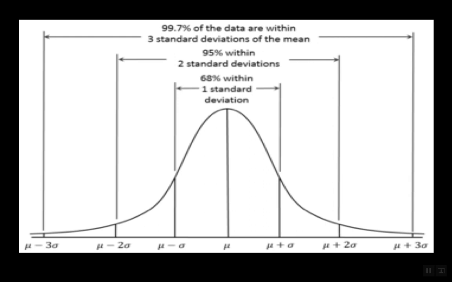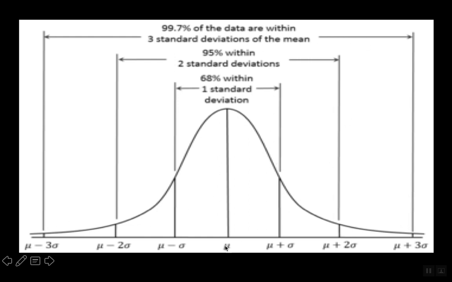So this is a picture showing what a bell curve is, right? It's a good distribution from left to right. It's symmetrical. You can split it right in half. So this is what you call a bell curve, okay?